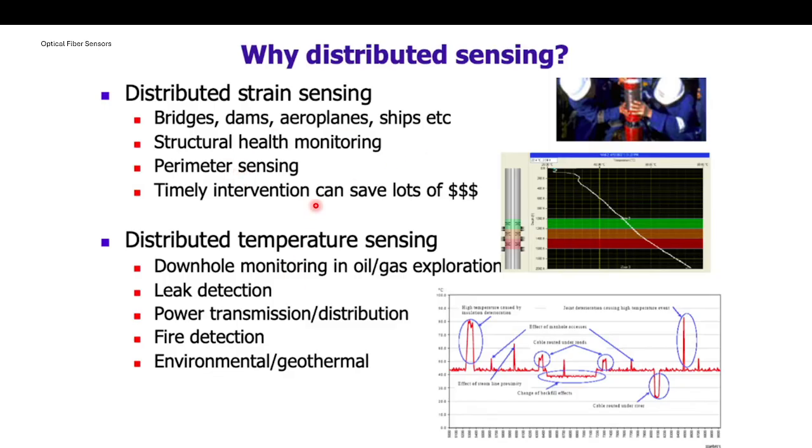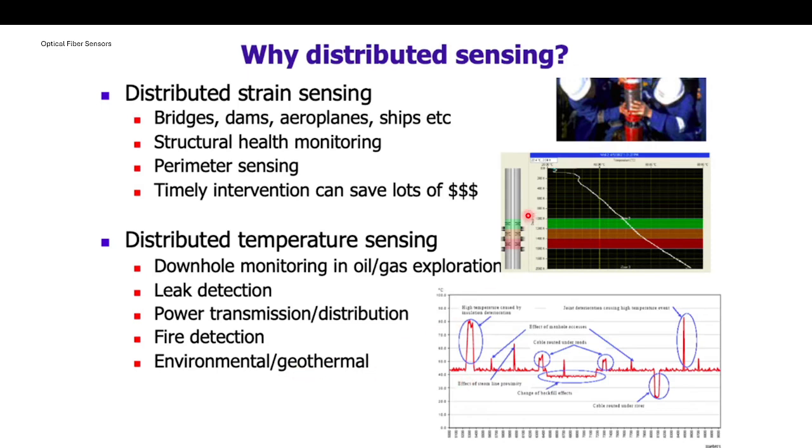Also it can be used for exploration under the ocean or inside the downhole to monitor gas or oil exploration. Based on the depth, it can give the temperature variation at the particular range.